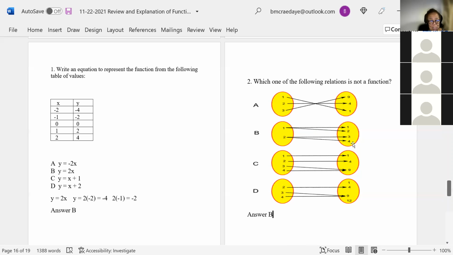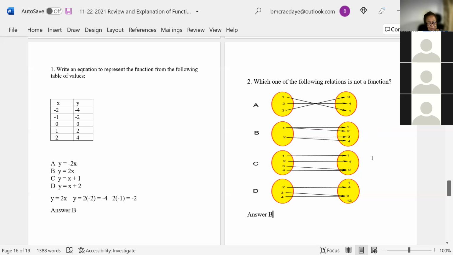So it can't be a function because this X value is mapped to more than one Y value. Got it, Latoya? That's how you explain it. Remember, I said it's only a 1-to-1. In other words, 1 can only be mapped to 1 Y, not 2.